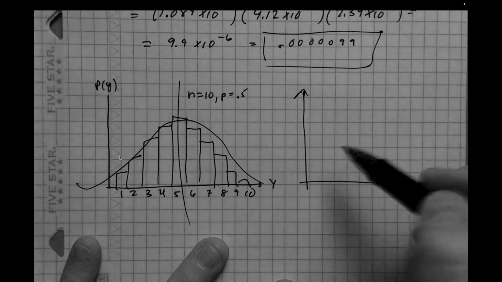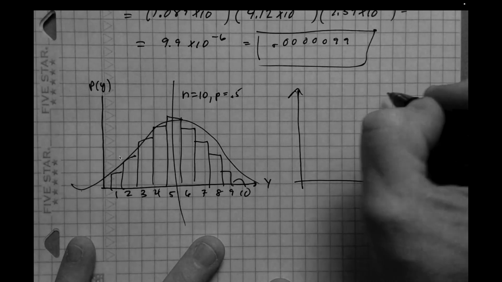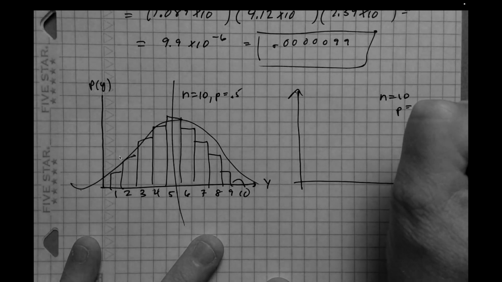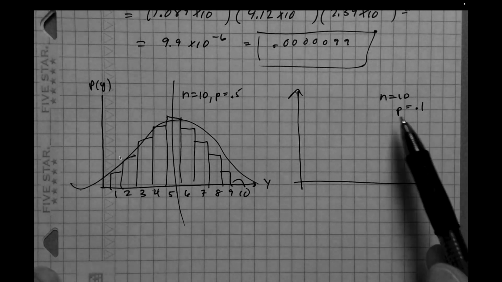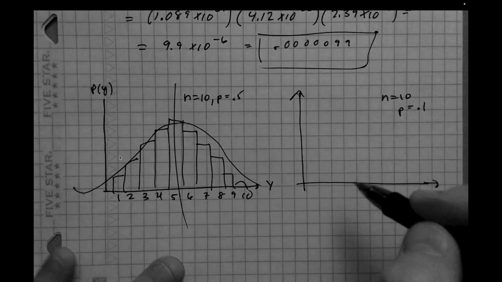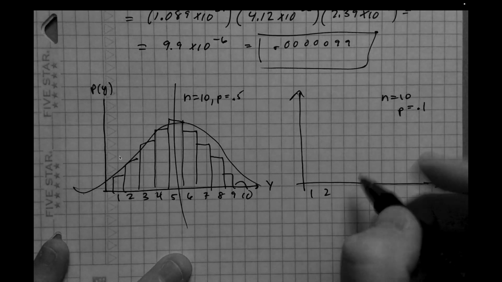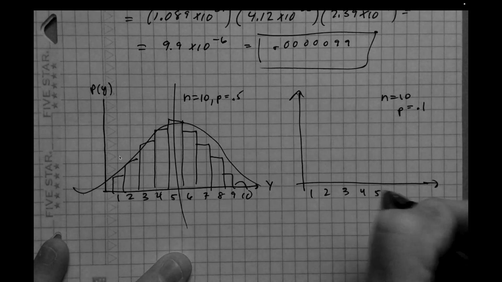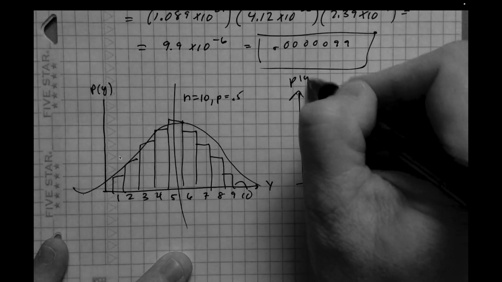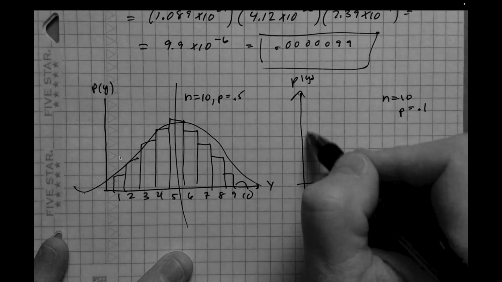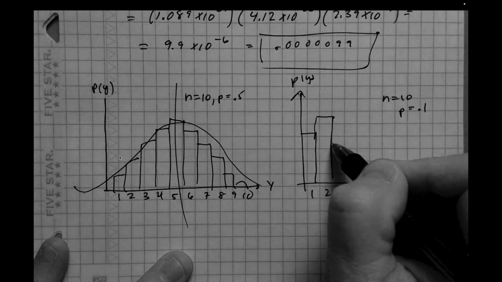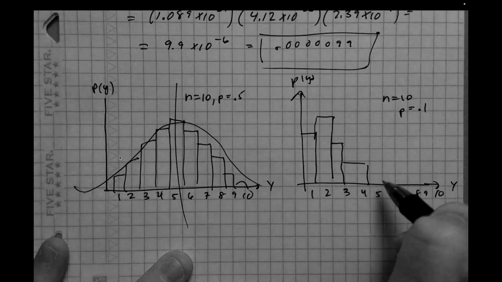So let's say instead of n equals 10, p equals 0.5, we have n equals 10 and p equals 0.1, meaning the probability of success is quite low. So in that case, if you've got 1, 2, 3, 4, 5, 6, 7, 8, 9, 10 here, the distribution will look more like this. It'll drop off rather quickly.